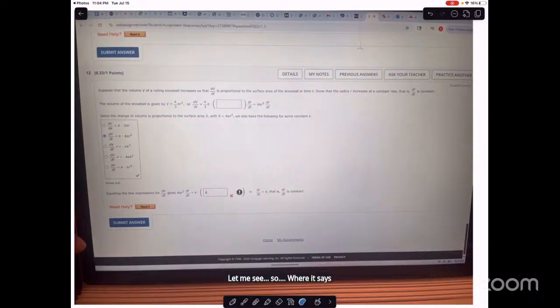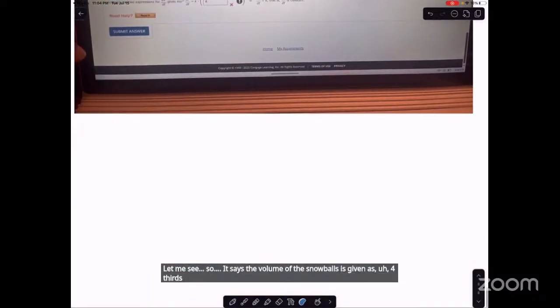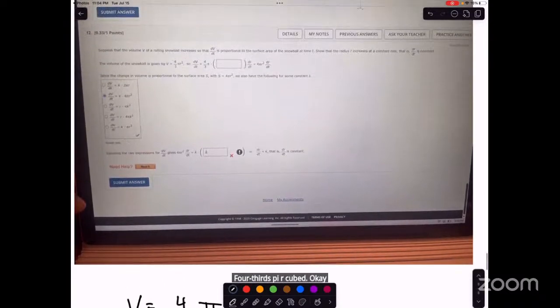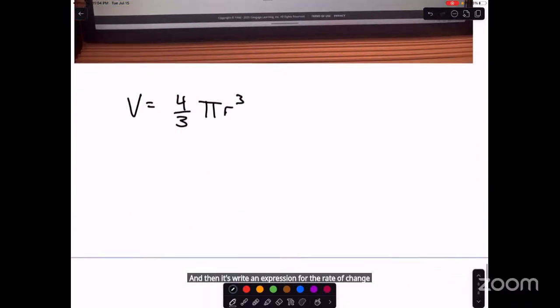So it says the volume of the snowball is given as 4/3 pi r cubed. Let's write that down. 4/3 pi r cubed. Okay. And then we write an expression for the rate of change of the volume with respect to time.